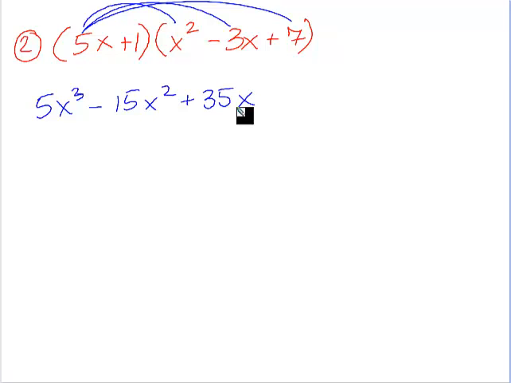All right, what do we continue on with then? The 1. 1 times x squared. What's that? Plus 1x squared. 1 times minus 3x. Negative 3x. Then 1 times 7. So 7.